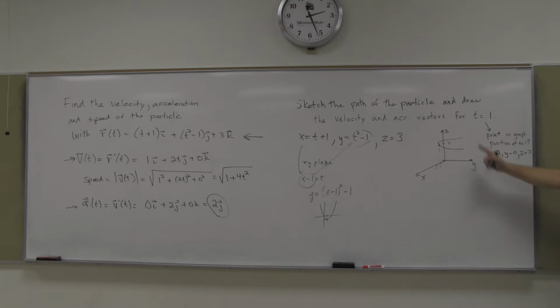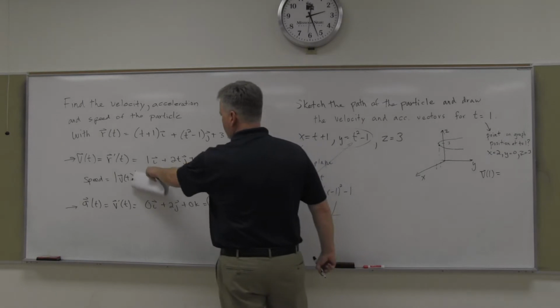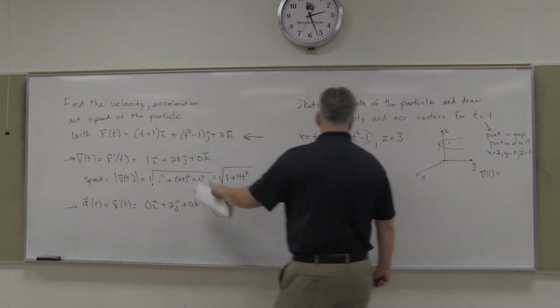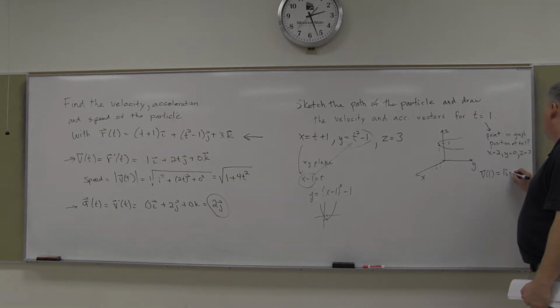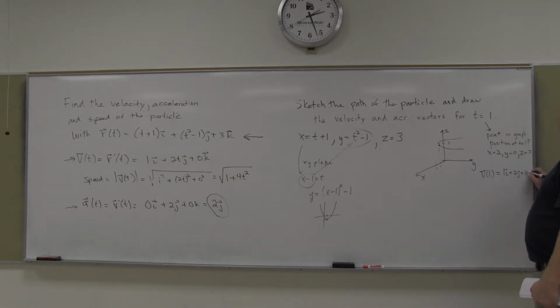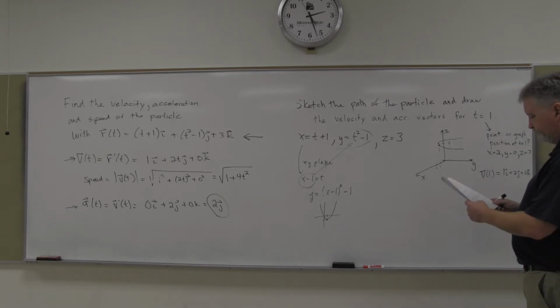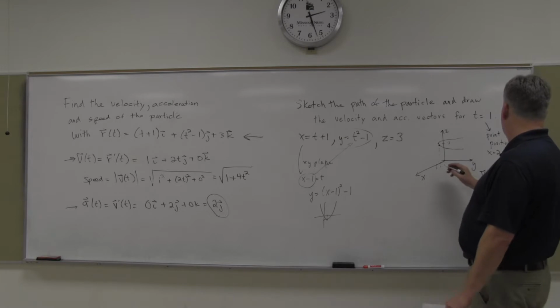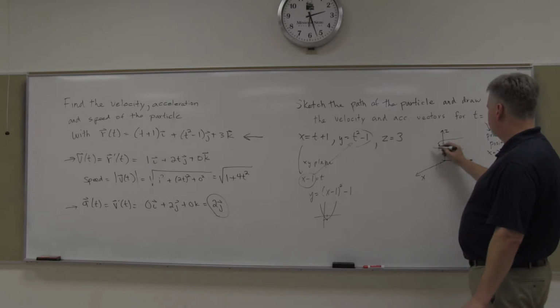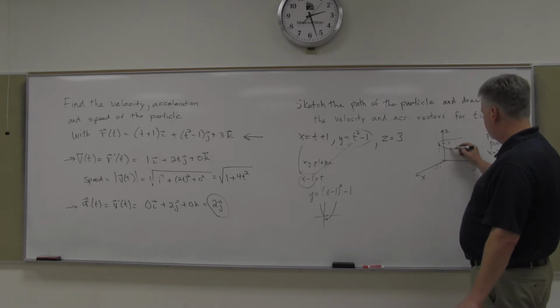So that's our position. Now the velocity vector at 1, what would it be? It would be 1, 2, 0. So that's 1 in the i, 2 in the j, nothing in the k direction. So we go 1 this way, and then 2 this way, right?